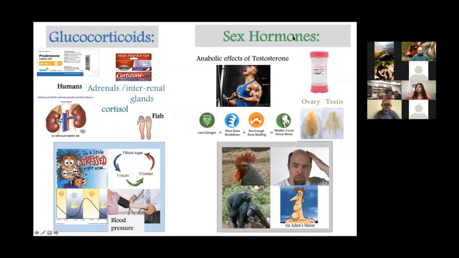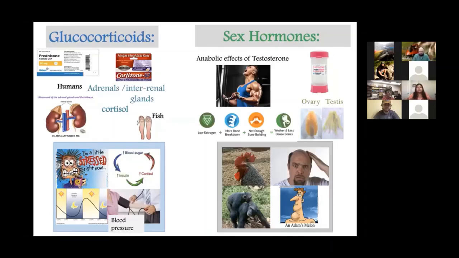And then sex hormones: estradiol and testosterone are the two most common sex hormones that you may have heard of. You cannot necessarily purchase them over the counter. You need prescriptions for them, except for those who don't. But both men and women have both of these hormones, but the relative ratios might be different.